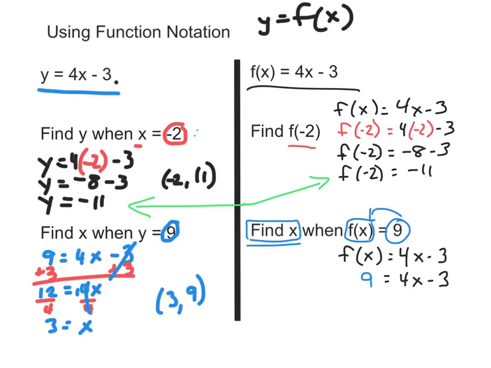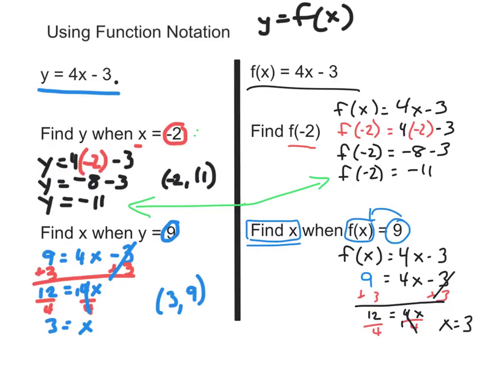And now we are going to solve this equation. I'm going to add 3 to both sides. 9 plus 3 is 12 equals 4x. The negative 3 and the positive 3 adds up to 0. And then we're going to divide by 4. And we end up with 4 divided by 4 is 1. So we end up with x equals 12 divided by 4, which we know is 3.